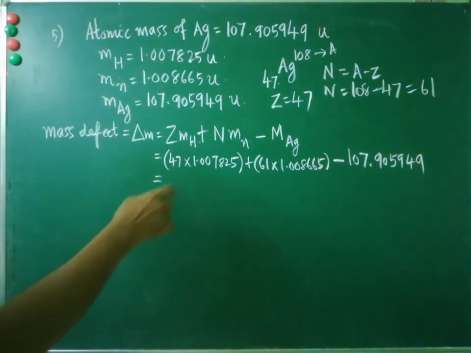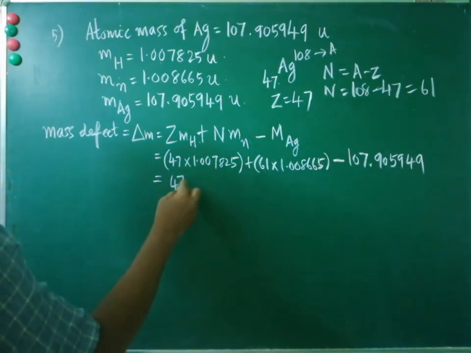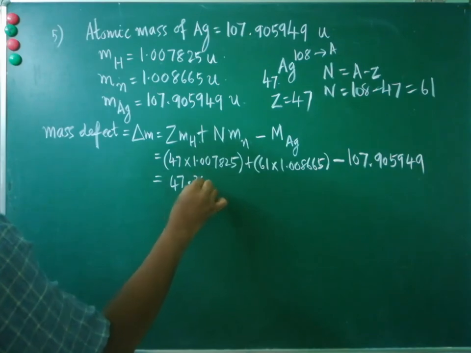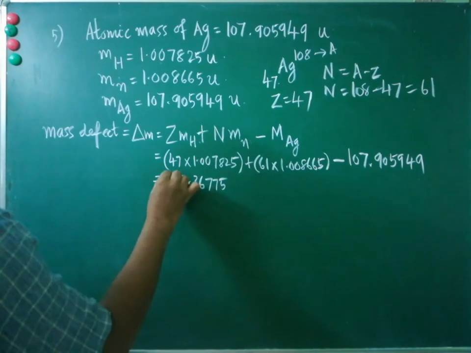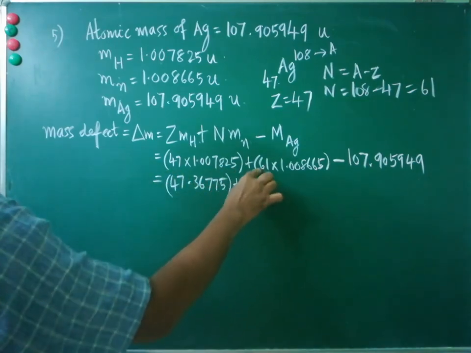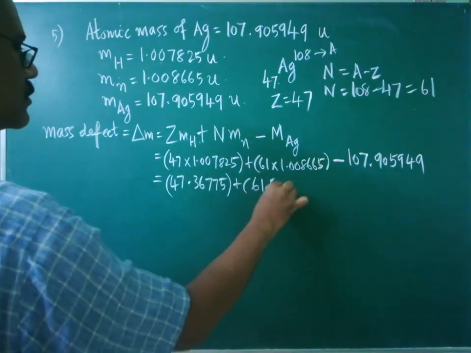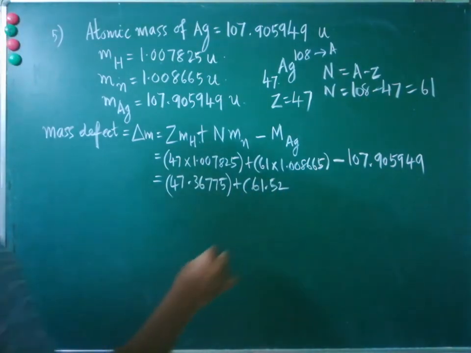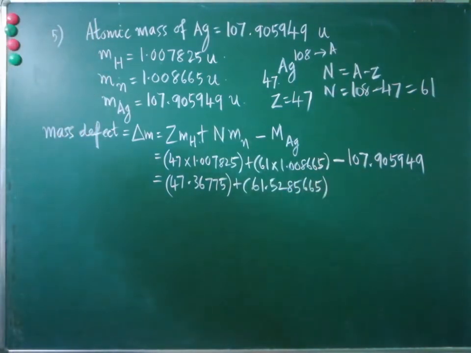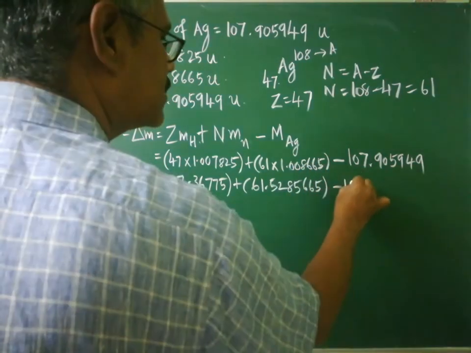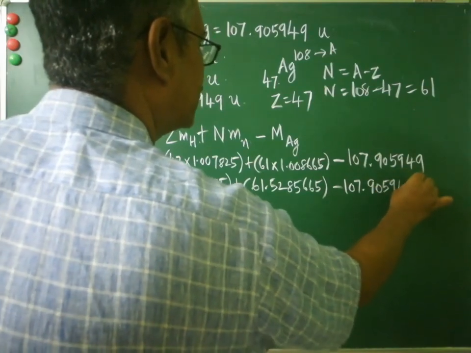So multiply the values. You will get 47.36775 AMU for the first part, and for the second part you will get 61.52... Then the same value, 107.905949, must be written.